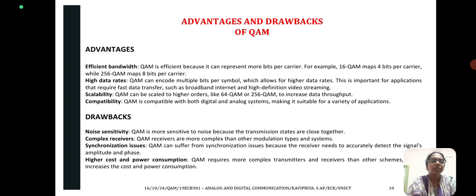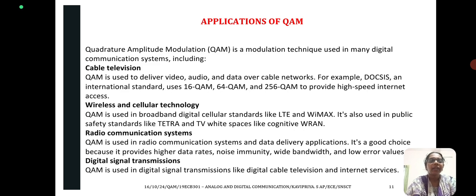QAM can suffer from synchronization issues because the receiver needs to accurately detect the signal's amplitude and phase. Next is higher cost and power consumption. QAM requires a more complex transmitter and receiver than other schemes, and cost and power consumption are higher.